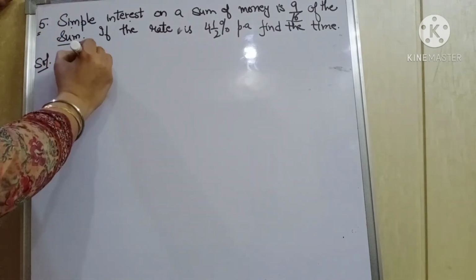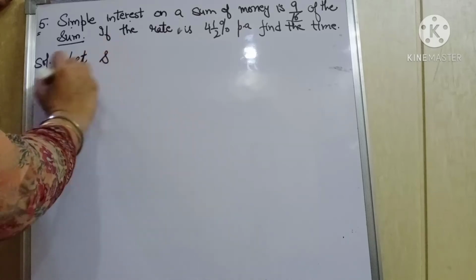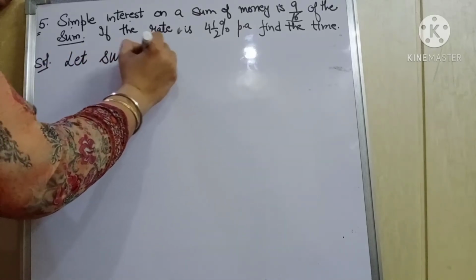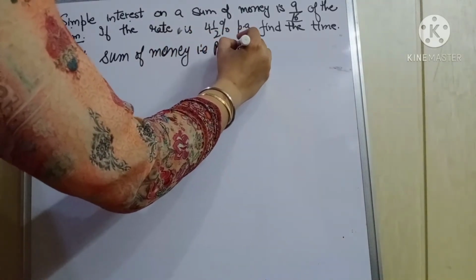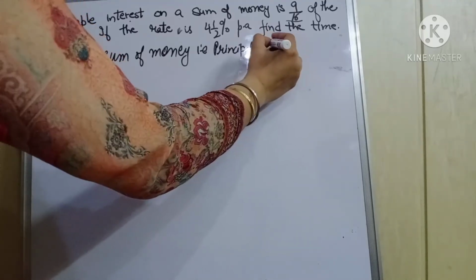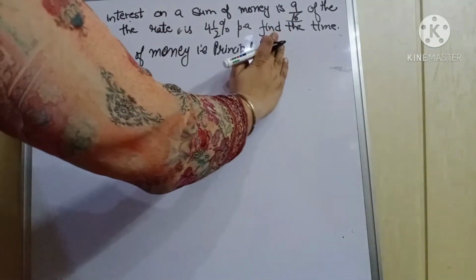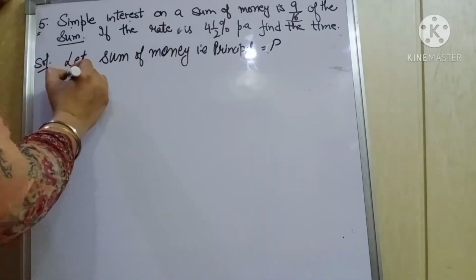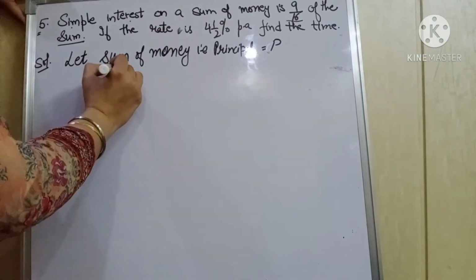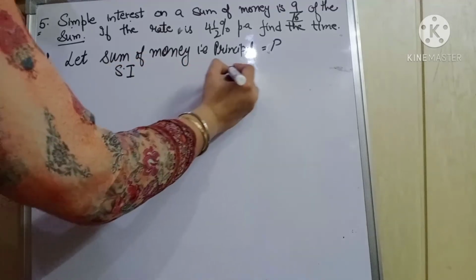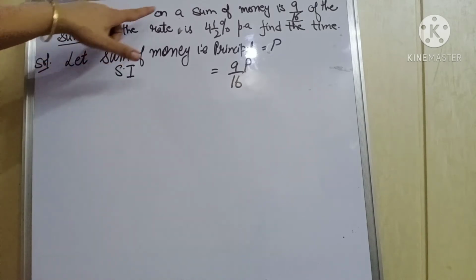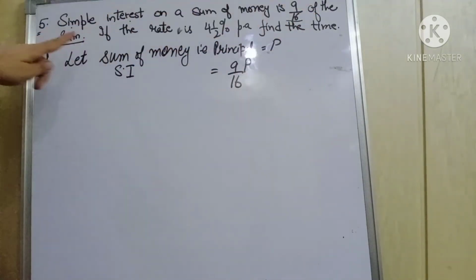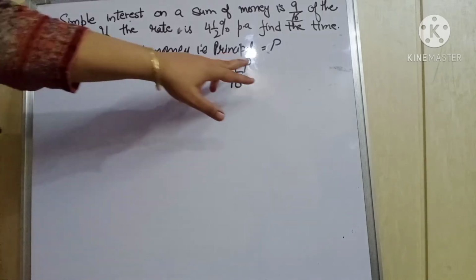So here in this sum, let the sum of money, that is principal, be X, or you can let it be P also, P. Now according to the statement, simple interest is 9/16th of principal. Whatsoever the sum is, 9/16th part is the simple interest.